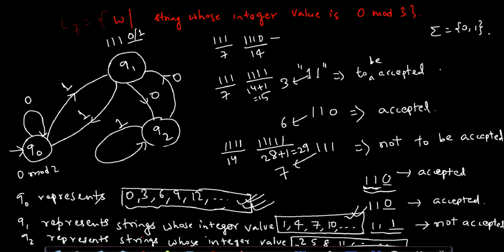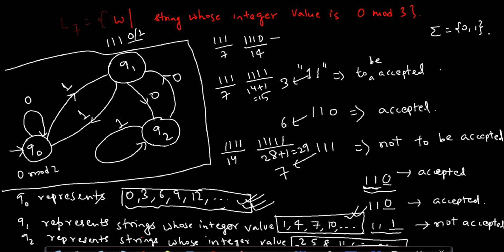So far, while constructing DFAs, we have used the transition diagram. This is one way of representing a DFA. The other way is the transition table. So what is a transition table?